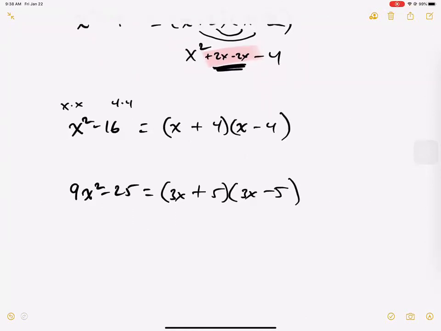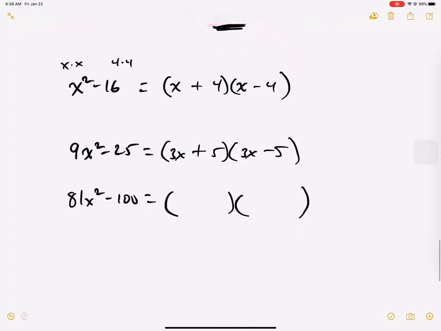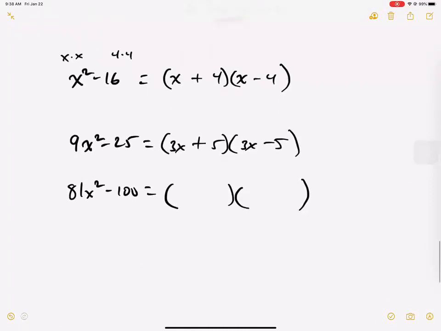Okay, let's do one more. Let's do 81x squared minus 100. Okay, are these both a difference of two squares? Okay, this is our model of difference of two squares.